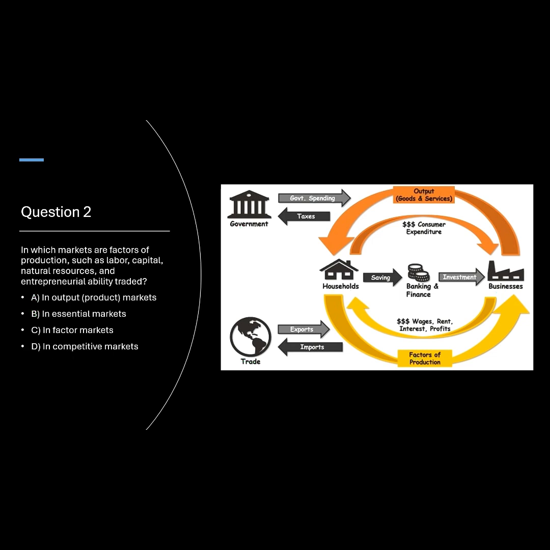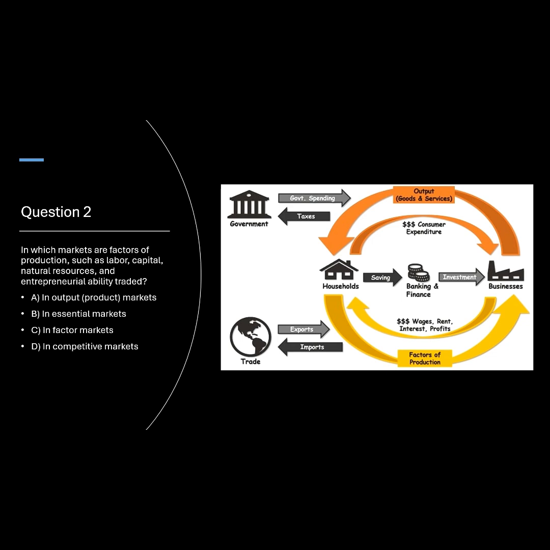Question 2 says, in which markets are factors of production such as labor, capital, natural resources, and entrepreneurial ability traded? And our answers are A, in output or product markets, B, in essential markets, C, in factor markets, or D, in competitive markets.